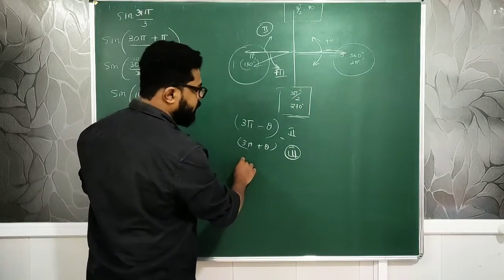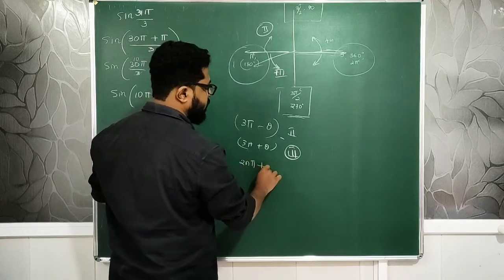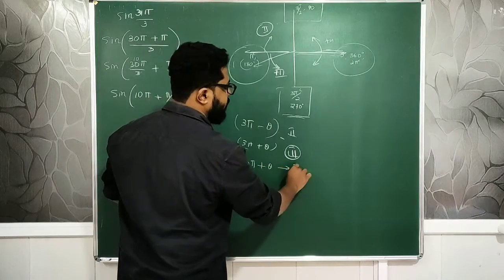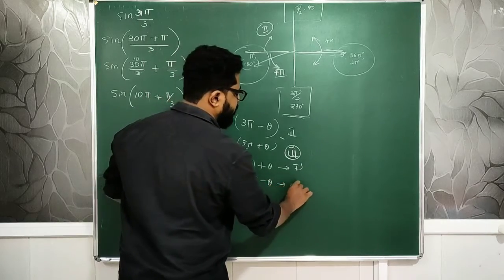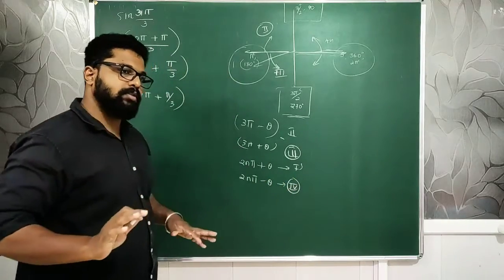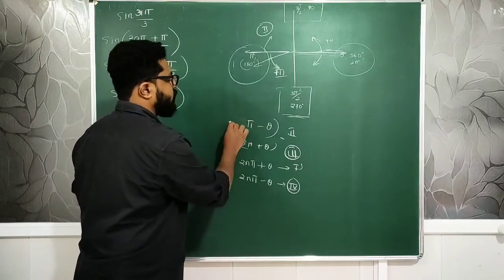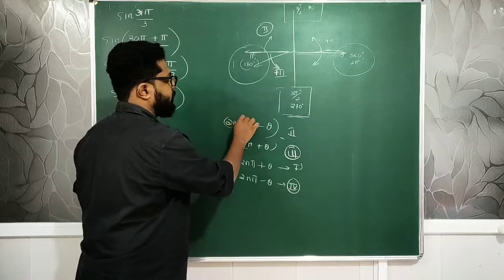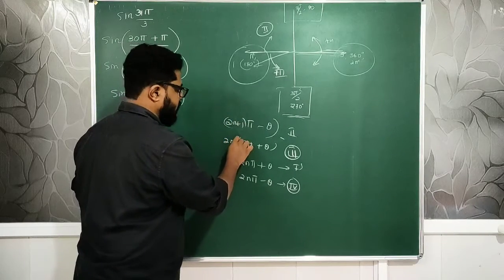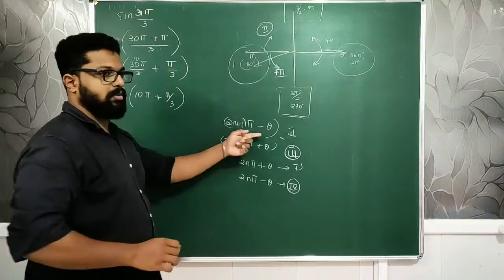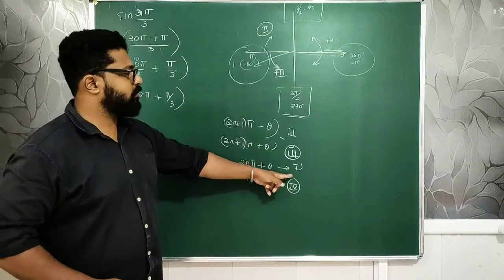So for an even multiple, 2n pi plus theta will fall in the first quadrant, and 2n pi minus theta is going to fall in the fourth quadrant. Understood? This is the imagination I am doing here. And here I can talk about 2n pi plus pi, that is 2n plus 1 pi. This is odd, this is even. You understood my point, right?